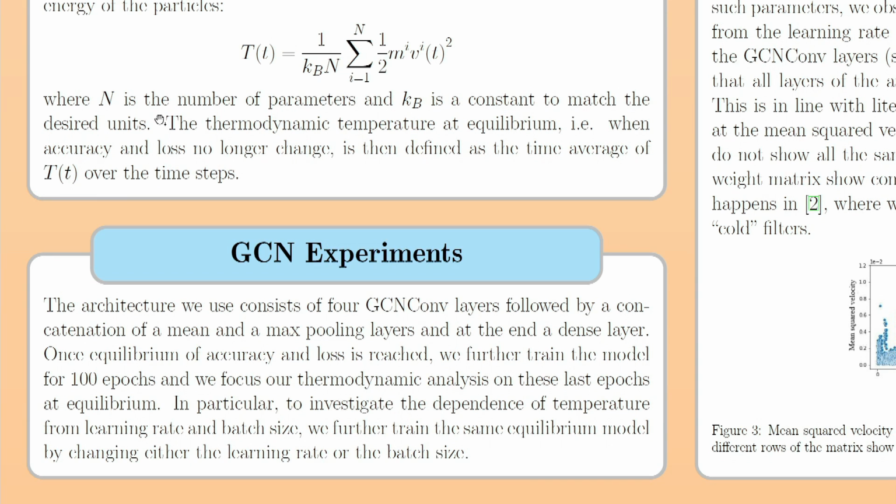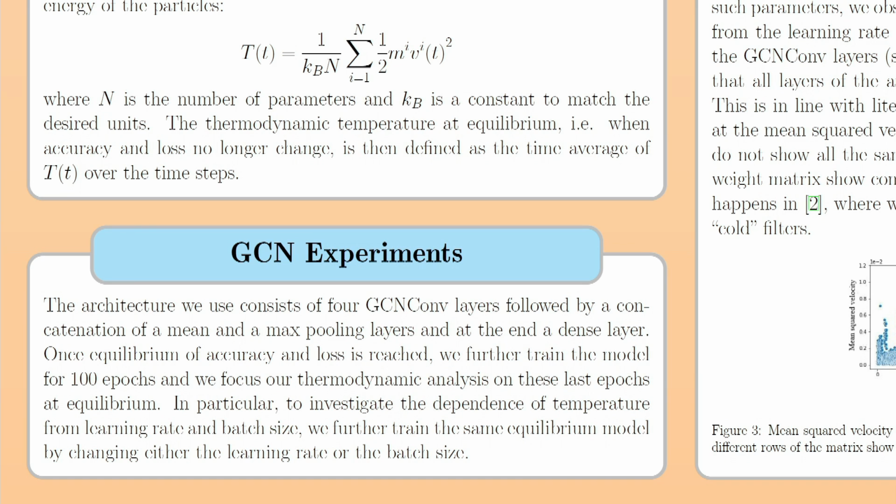In this article, we consider two different architectures. One is made of GCNs, and the other one considers also graph attention networks. Those architectures are quite simple, with a few layers, and they are trained on the MNIST superpixel dataset.